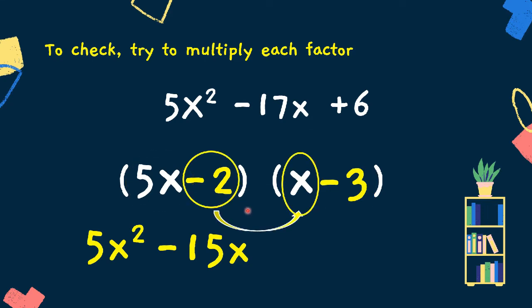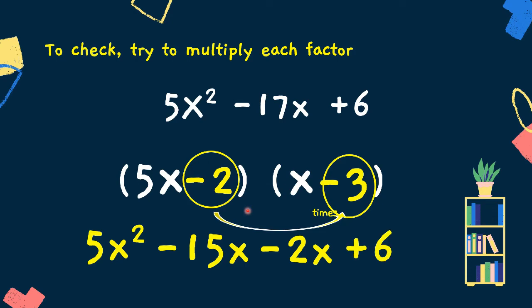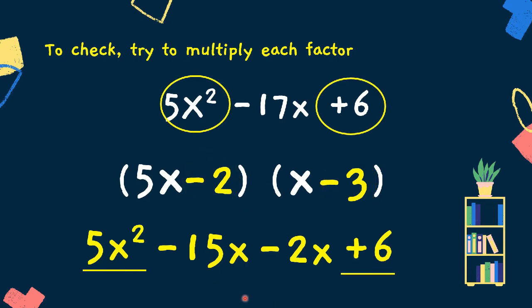Negative 2 times x is negative 2x. Negative 2 times negative 3 is positive 6. Notice that the first and last terms match with the given polynomial.